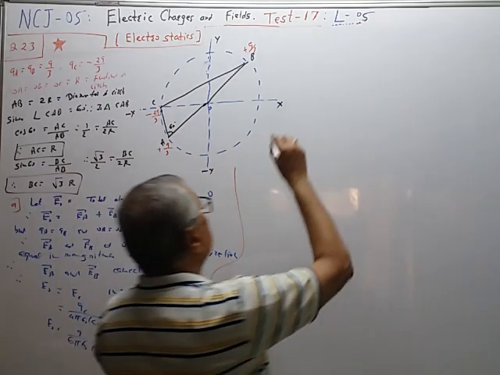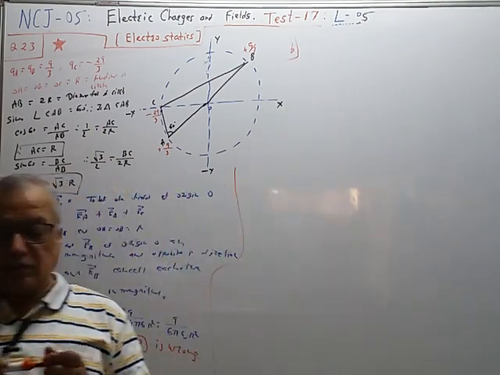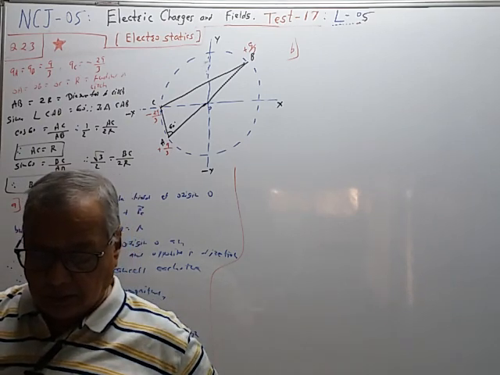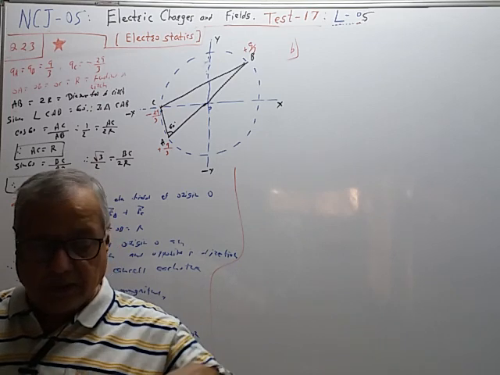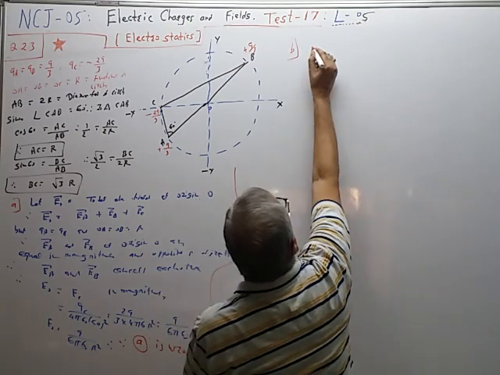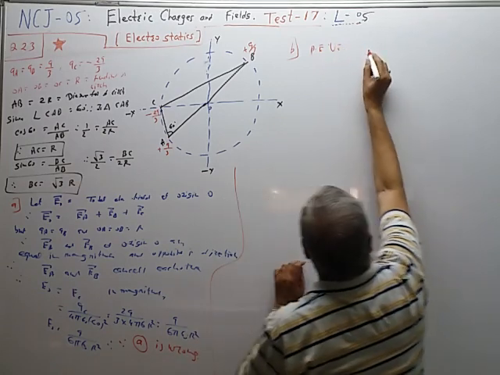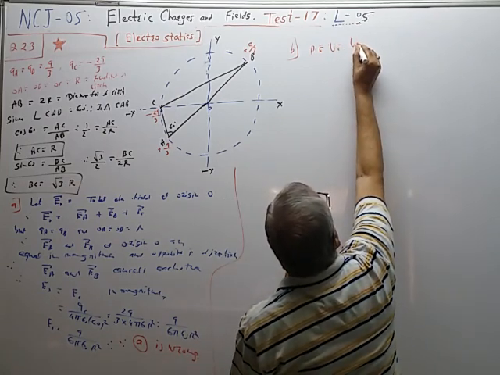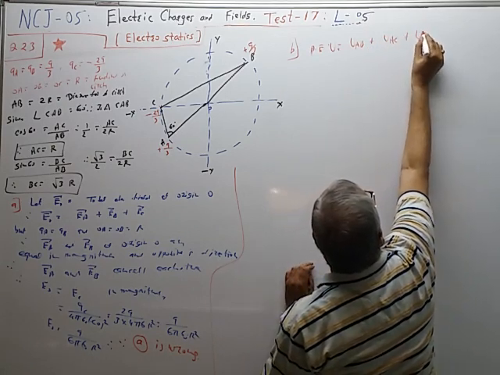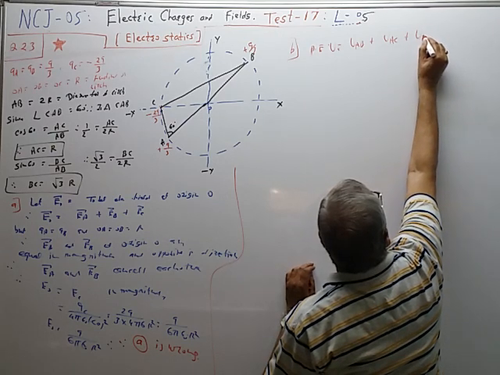Now let us see B. We are trying all four choices. B: the potential energy of the system is 0, so it is not 0. Potential energy U is equal to UAB plus UAC plus UBC.